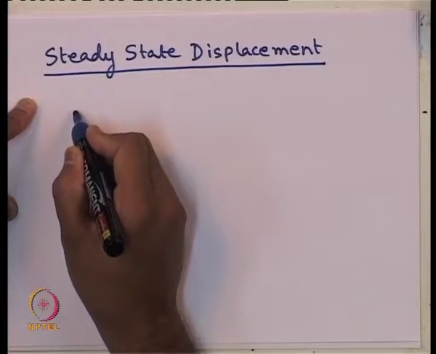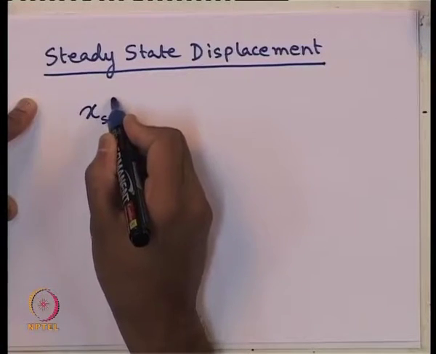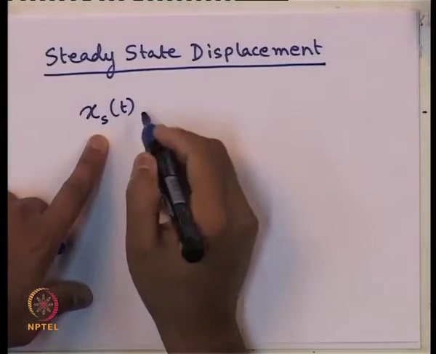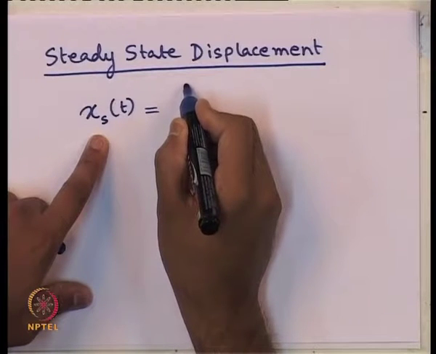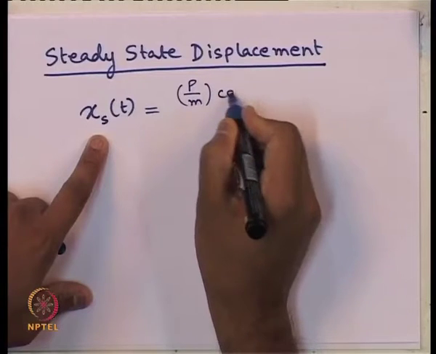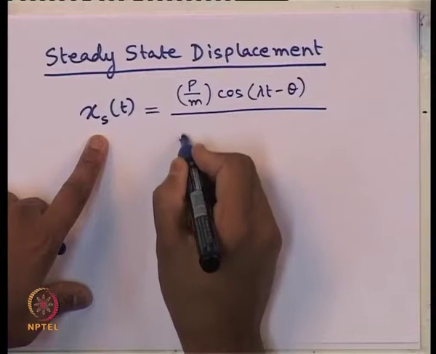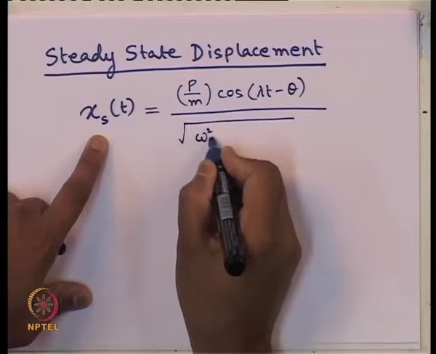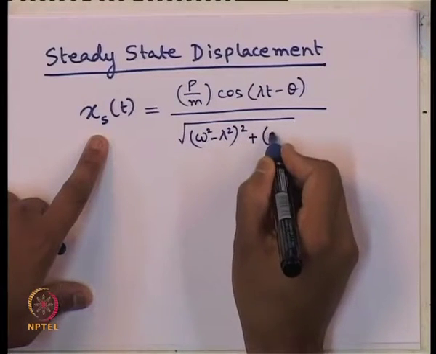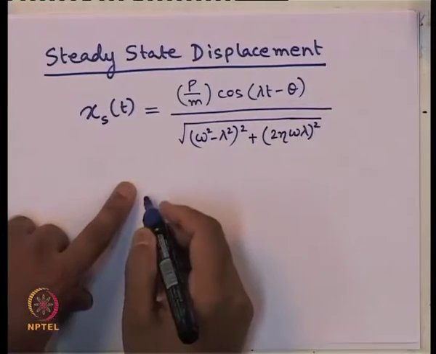The steady state displacement, let me denote it by x s of t, where the small s denotes steady state. The solution we got is p by m cosine of lambda t minus theta, divided by root over omega square minus lambda square whole square plus 2 eta omega lambda whole square. That was the expression for the steady state.